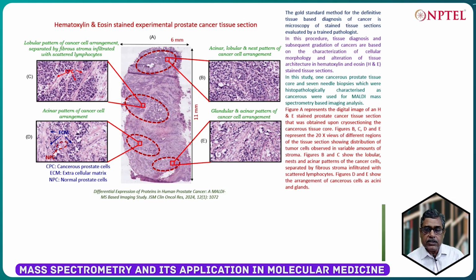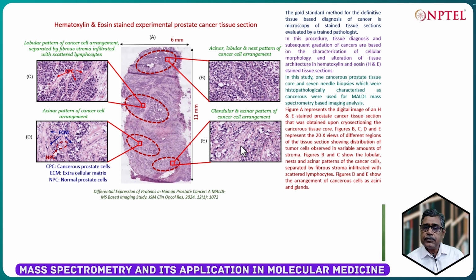It's a professional world, and it's not the job of a mass spectroscopist or mass spectrometrist. So this reading and the different labeling was done with the help of a pathologist.